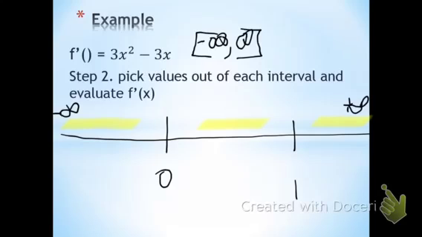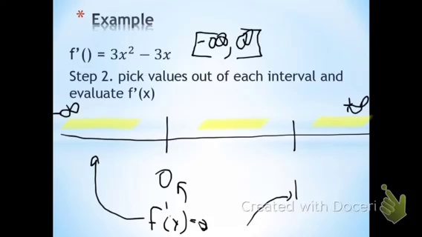The reason I'm doing this is because f prime of x equals 0, the slope is 0 at this point and that point, but f prime will be equal to a number value, a slope value, at some number in these intervals.